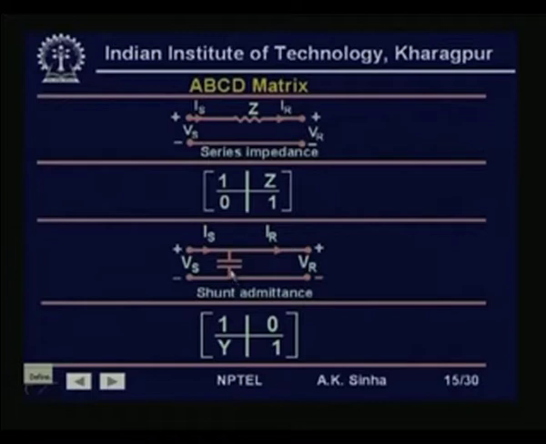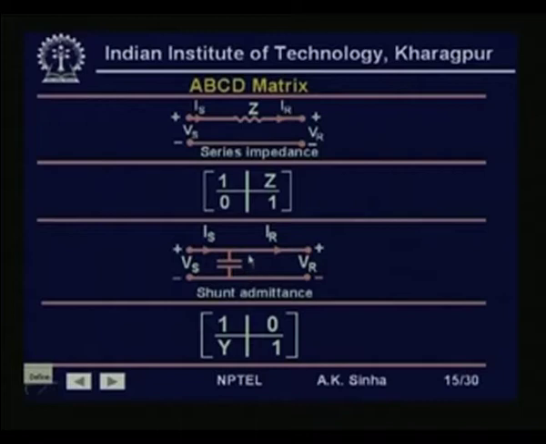The shunt capacitance at the receiving end will then provide some reactive power, and this will compensate for the large amount of reactive power drawn by the load or consumed by the load. So, the capacitor will generate reactive power at the receiving end itself and compensate for the large amount of reactive power drawn by the load.